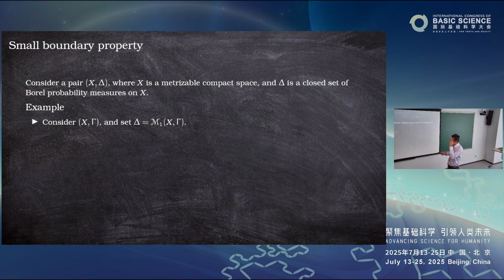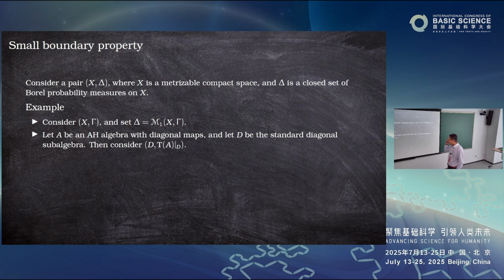In this setting, the small boundary property was introduced in the 90s by Shub in the study of topological entropy. But in this formulation, you really can study the small boundary property in a much more general setting. For example, if we look at a C-star algebra and a commutative subalgebra, then you can talk about the small boundary property.